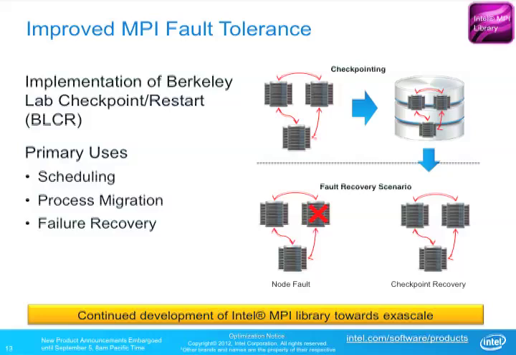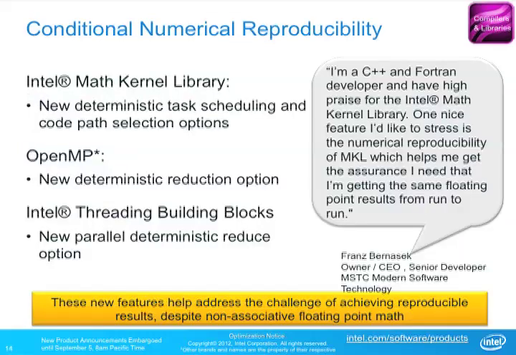There are other great features. One that will be along with the Cluster Studio XE is using the Berkeley Labs checkpoint restart facility with our MPI library, which is very exciting. And I definitely should make another plug for the numeric reproducibility.